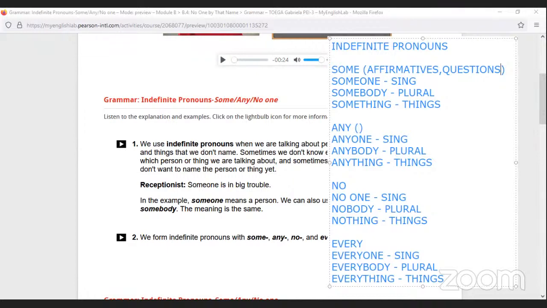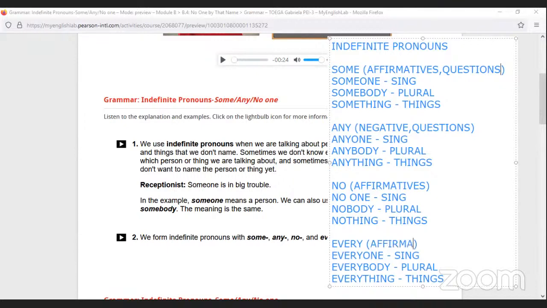Any is used in negative sentences and questions. We said that any was similar to no. These are similar, but any we use with negatives and no one we use only for affirmatives.